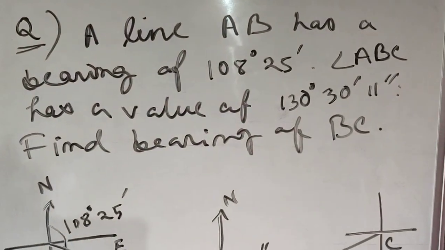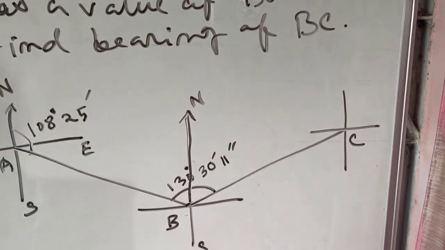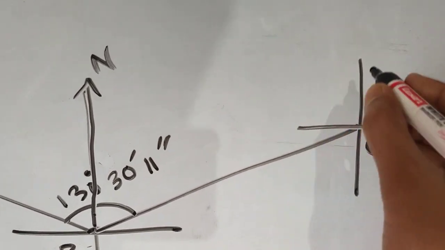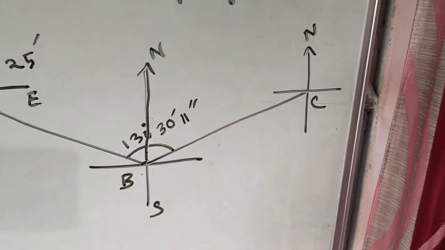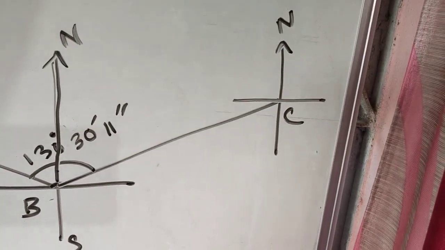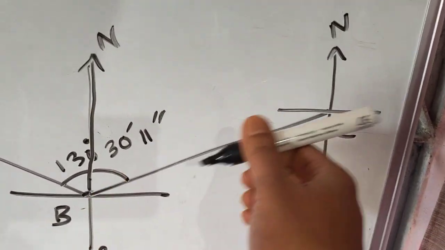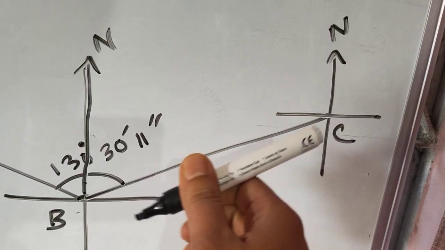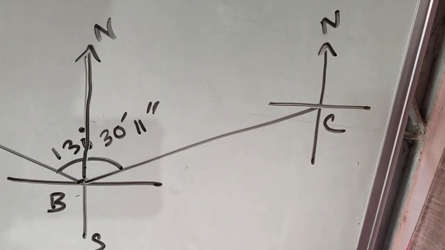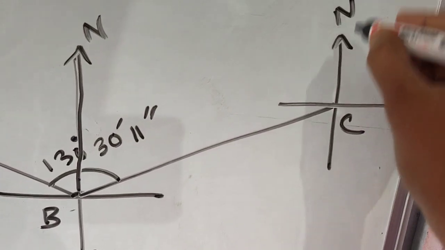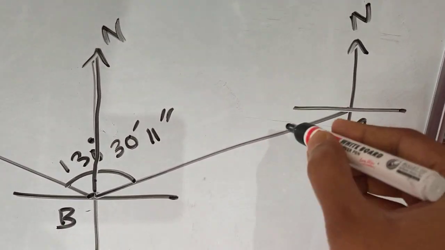According to the question, we need to find out the bearing of BC. Bearing of this line we need to find out. And again, we are dealing with WCB method. Then what will be the bearing in this case? The line BC makes whatever angle with the north direction in clockwise direction is the bearing. So this is the north direction and this is the line BC.